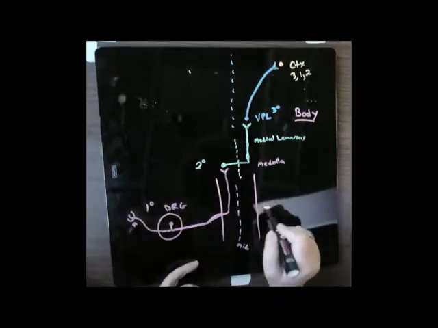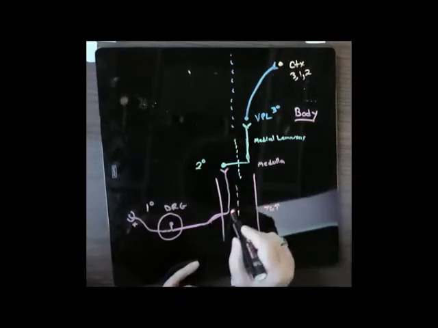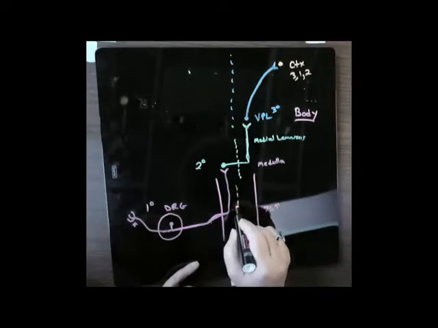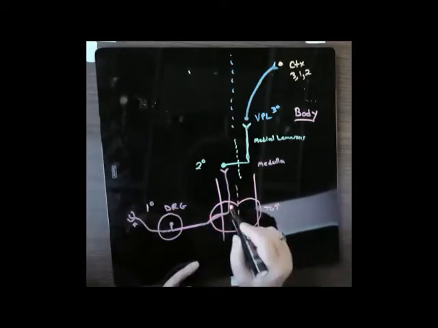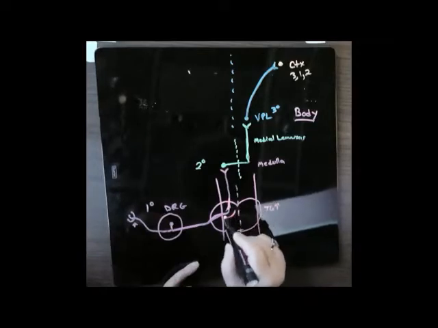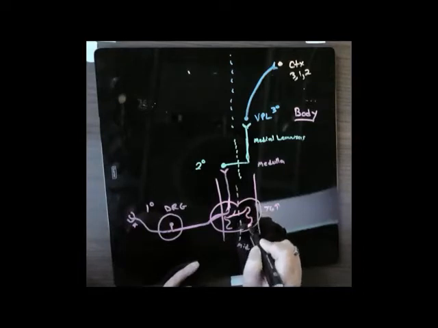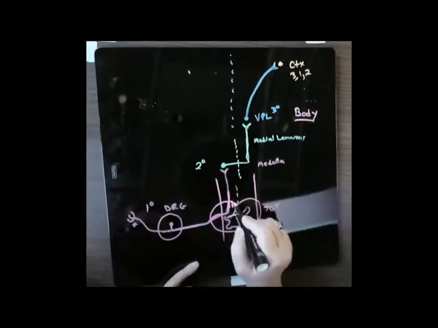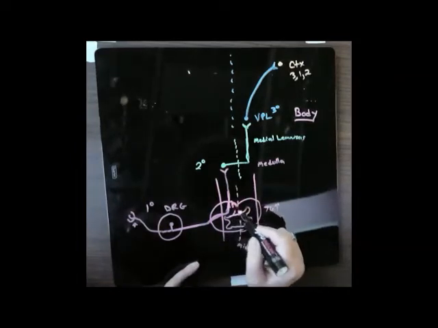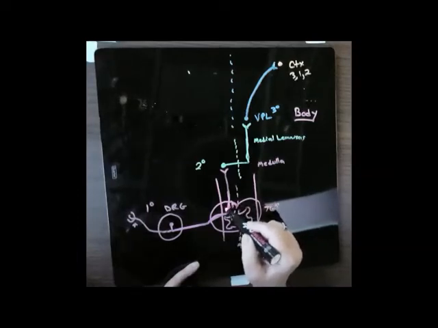From T6 and above, these axons are entering in, and they're going to travel in the dorsal part of the spinal cord, the dorsal white matter. Here's the gray matter, the little butterfly. At T6 and above, you have a little sulcus called the posterior intermediate sulcus, such that the lower body is medial and the upper body is more lateral.